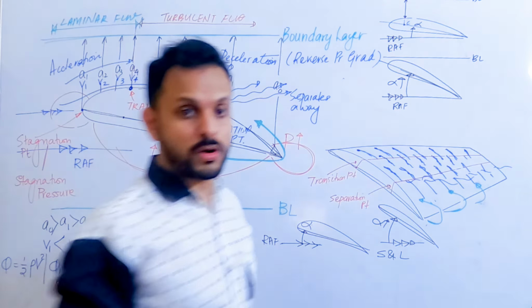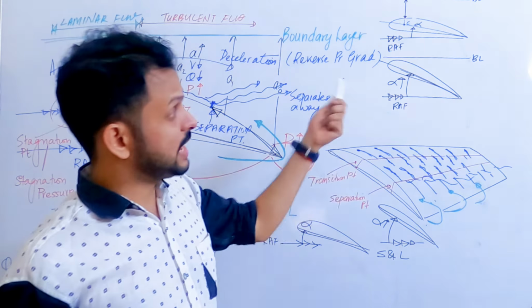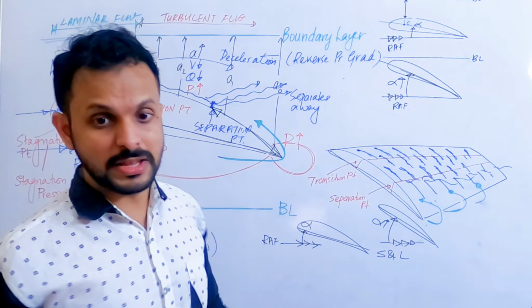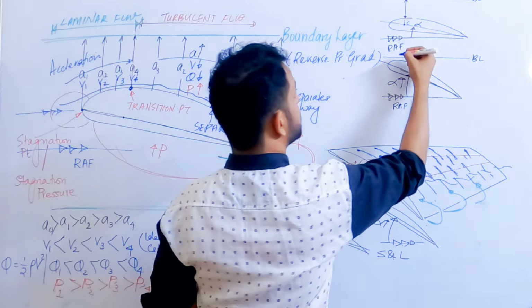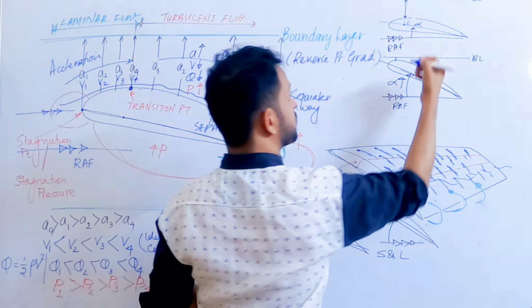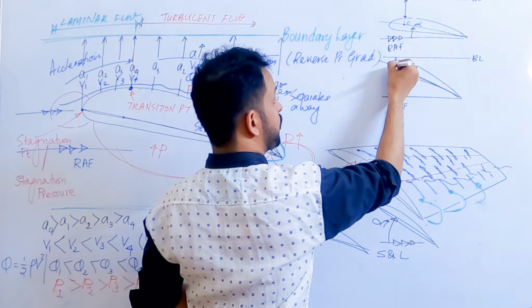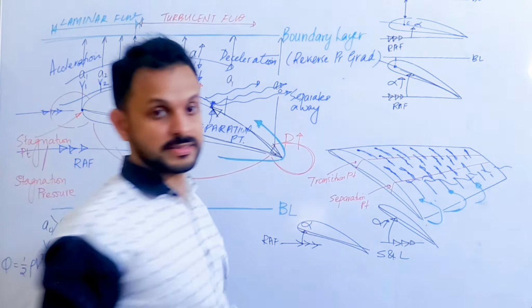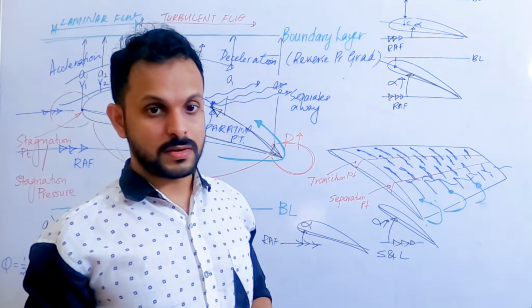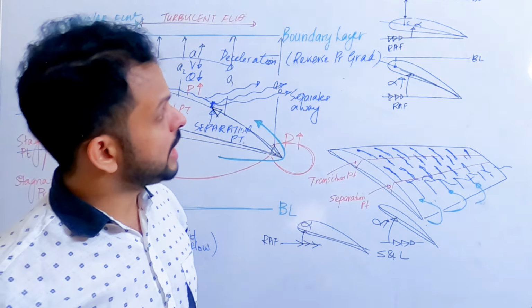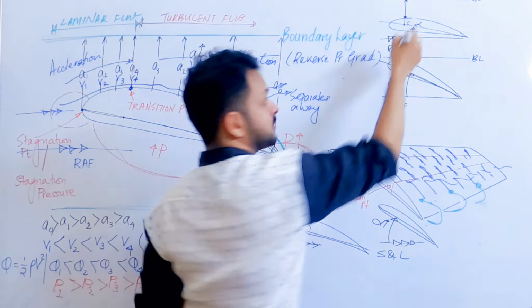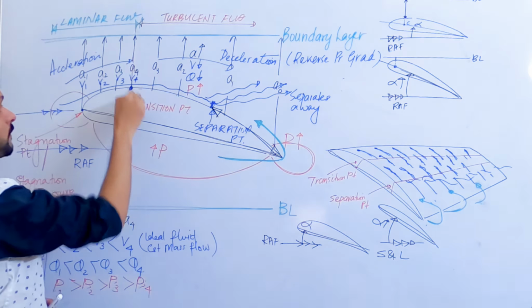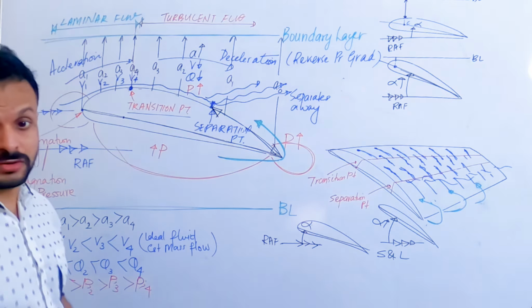Now you see what happened to the point of least area cross section? That is now here. And the corresponding point on the chord line is there. Right? Okay. So what point is this? This point corresponds to the transition point, right?